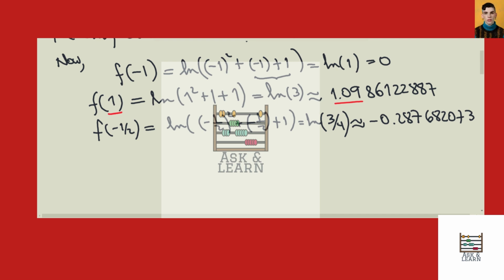The smallest of the values is -0.287, that is natural logarithm of 3/4, the image of -1/2, which is the only critical number of the function. The absolute minimum value over the interval -1, 1 is natural logarithm of 3/4, and it occurs at the critical number -1/2. So we can write the answer now.